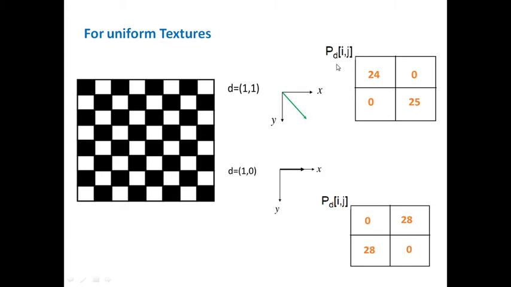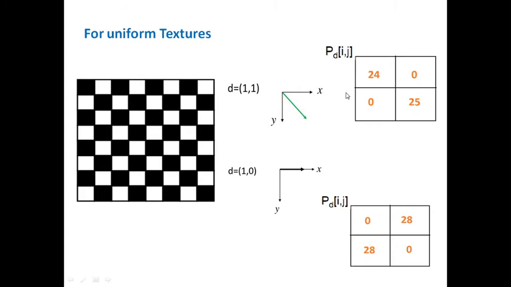How are these two black pixels related? How many occurrences? 1 2 3 4, again 5 6 7 8, up to 24 occurrences I have here. So for i pixel and j pixel, 0 and 0, I count 24 occurrences.